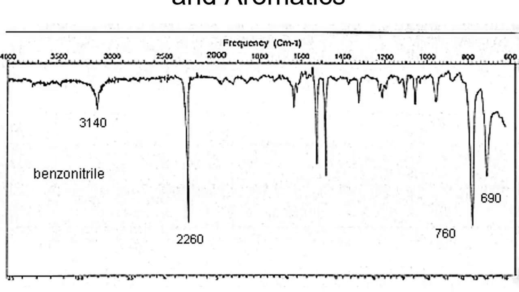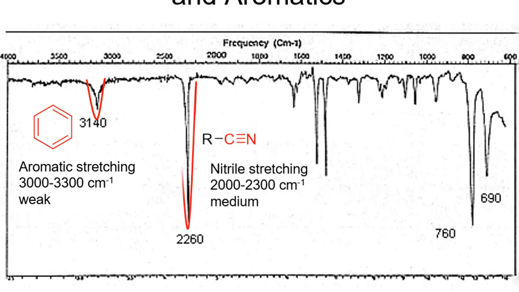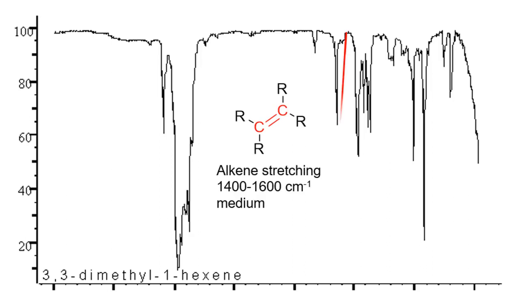Here's another common infrared stretch, the aromatic stretch. It's a weak stretch, shows up about 3,000 to 3,300 reciprocal centimeters. Your nitrile stretch shows up somewhere between 2,000 and 2,300, and that's a very important stretch as well. Alkenes are a weak to medium stretch, 1400 to 1600.